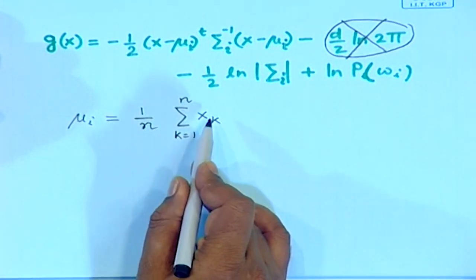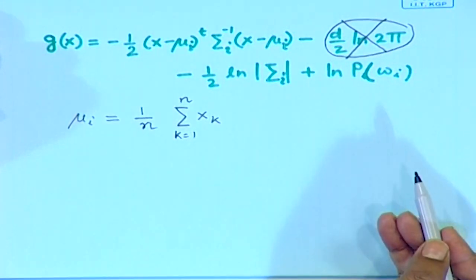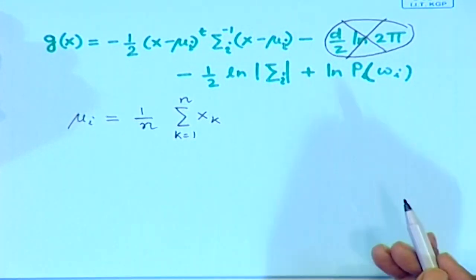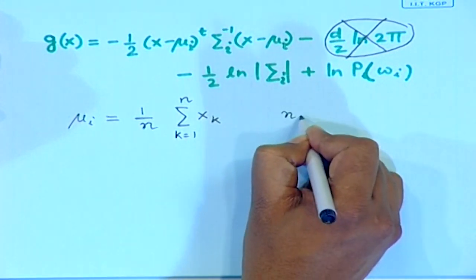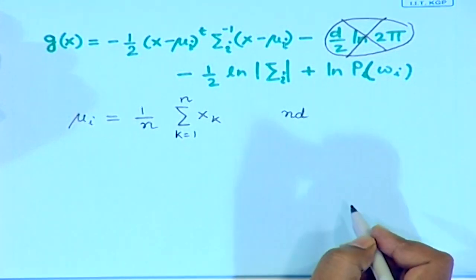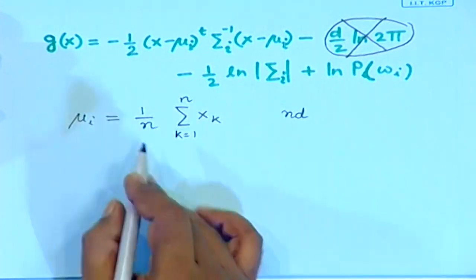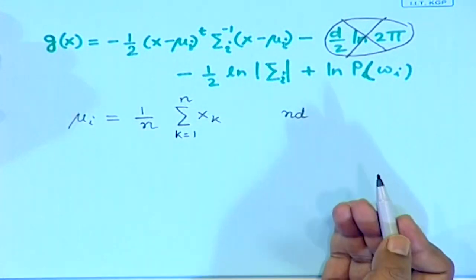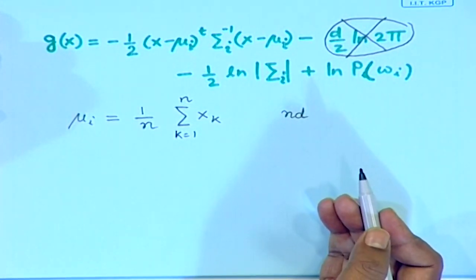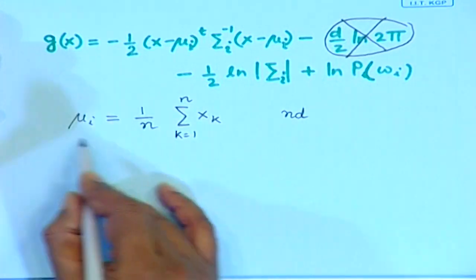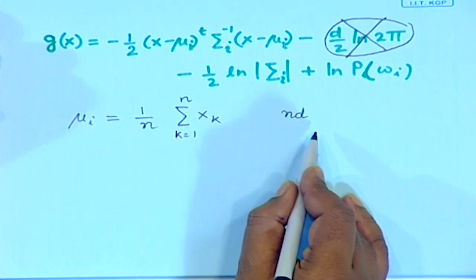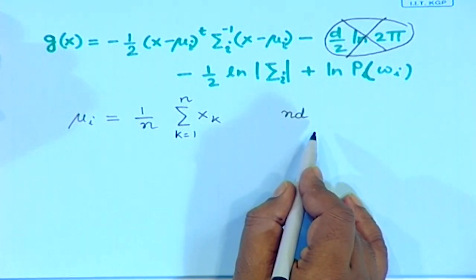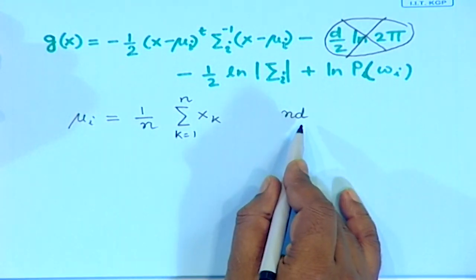For every component I have to compute n summations, so the total number of summations is n into d, and I can assume that the division takes constant time. So the computational complexity to find the mean vector is n into d, which is dimension dependent. It depends upon the number of vectors, and at the same time upon d, the dimensionality of the vector.